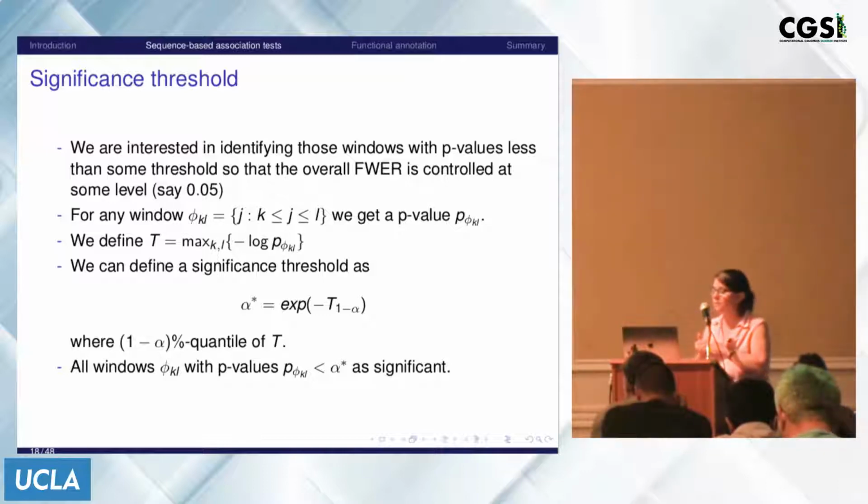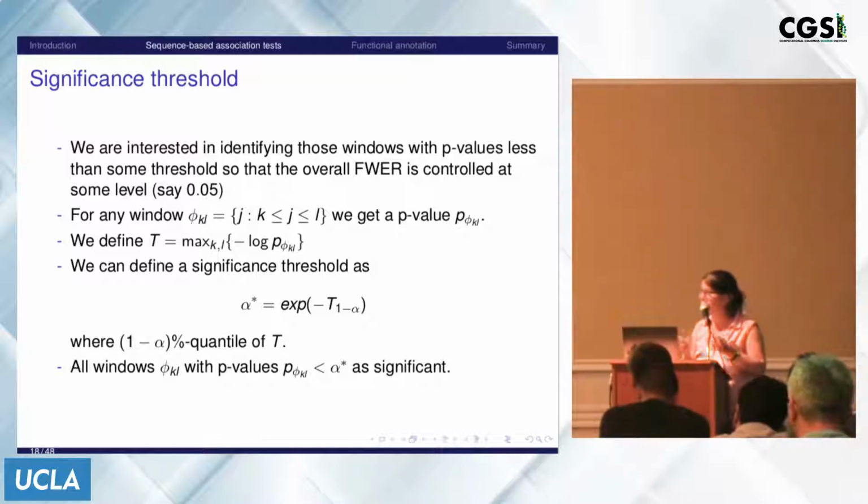We want to choose this threshold so that we can control the family-wise error rate at some level. A simple way to control the family-wise error rate is the Bonferroni correction, but that will be conservative because of the correlation among the windows. So we're going to try to derive better thresholds that account for this correlation.